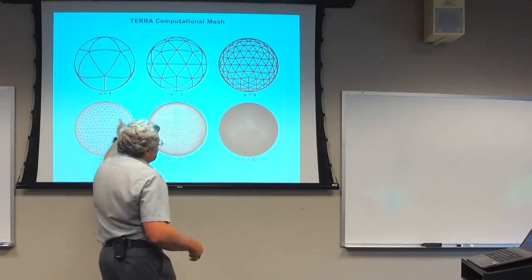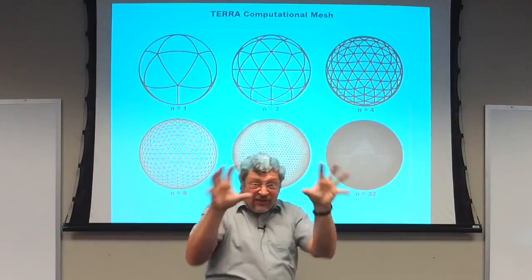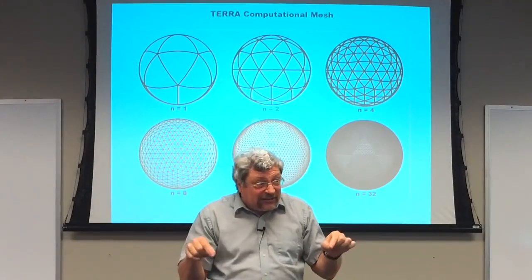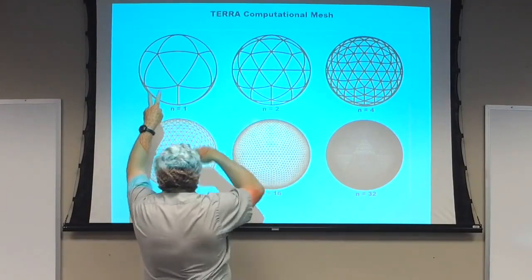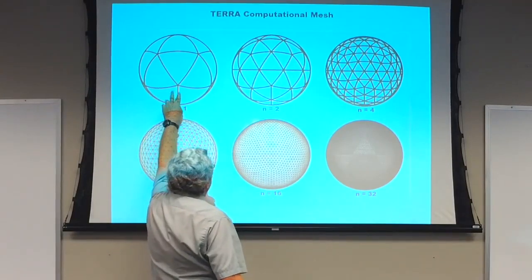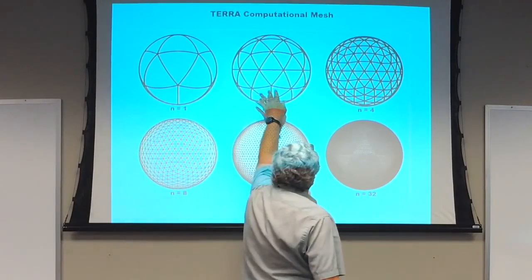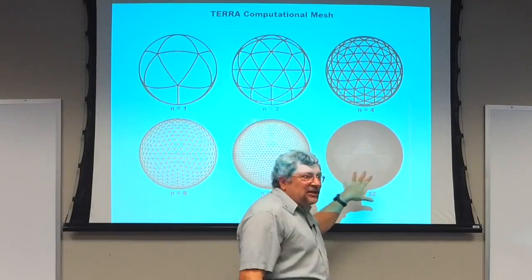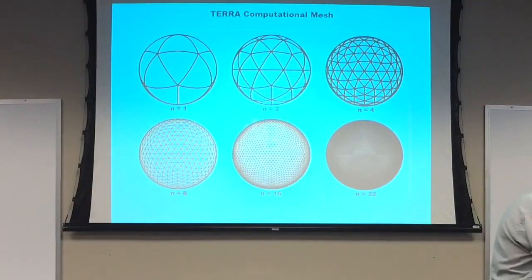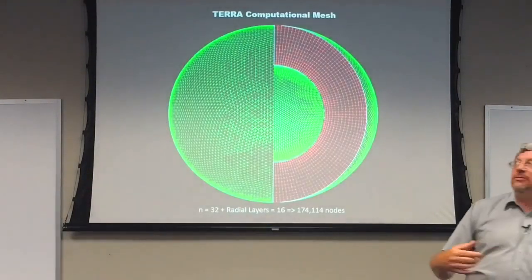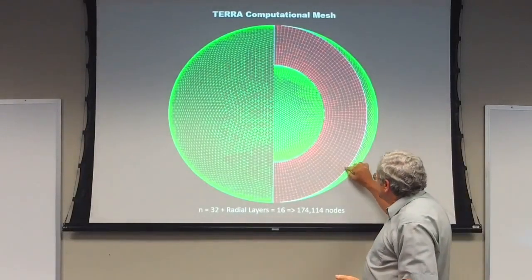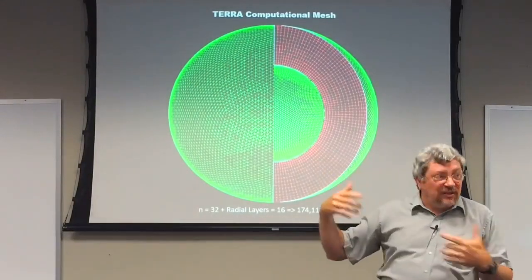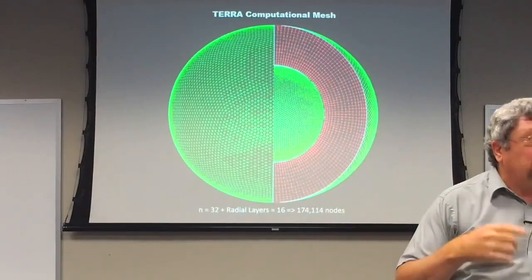So the idea was to divide the mantle into a bunch of little boxes. He divides the mantle first into these shapes, and then smaller and smaller and smaller. And so he gets to a point where ultimately he's divided the mantle into, in an early version of his model, something in excess of 100,000 little boxes.